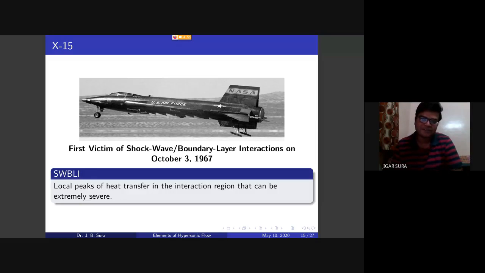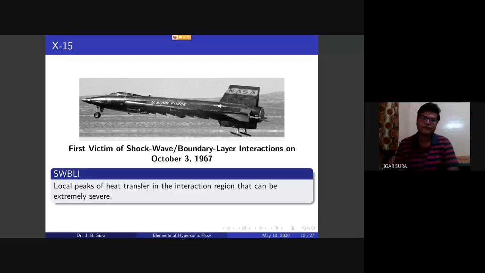So what happens, you have multiple pylons where you mount your weapons or your fuel tanks, or you have some curvature like a rudder section or lifting control surface and all these things. Because of that, there will be shock waves, which is known to us, as supersonic flow causes shock waves.